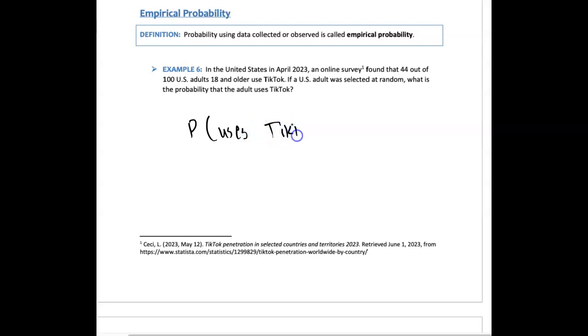So here, I will just want to put in the numerator the number of adults that use TikTok, and that's 44, divided by, 44 out of 100 adults, right? So divided by 100. And so that gives a probability of 44 out of 100. Which reduces to 11 out of 25.